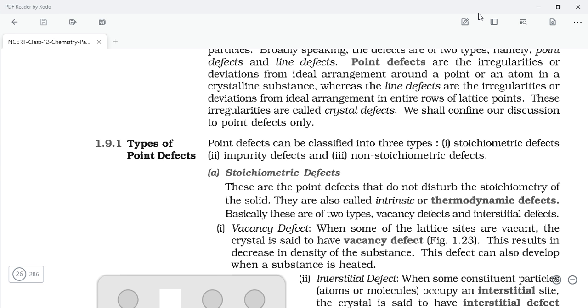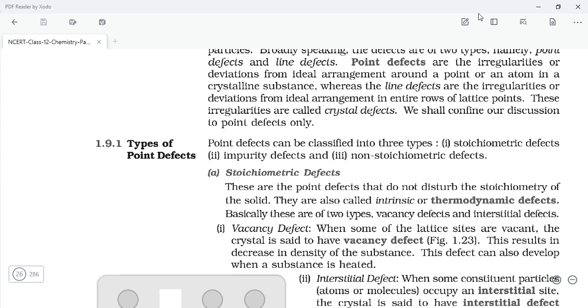It is the ratio of the number of ions with respect to the other ion. Like NaCl, the Na plus ions and Cl minus ions will be in a ratio. If you take the ratio of both the ions before and after there is a defect in the solid, it will come out the same.